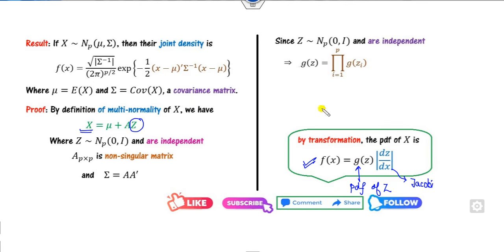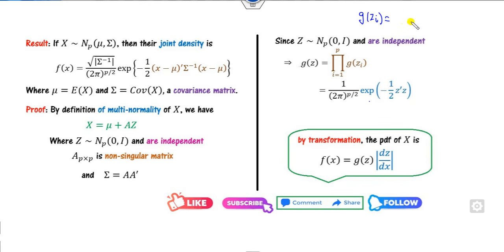So now I can start from Z. Since Z is normal and the components are independent, the probability of Z will be the product of these. And Z is normal 0, 1, so we all know the PDF of the normal distribution 0, 1. I can substitute that value, because it is 1 over root 2 pi e raised to the power minus z square by 2.